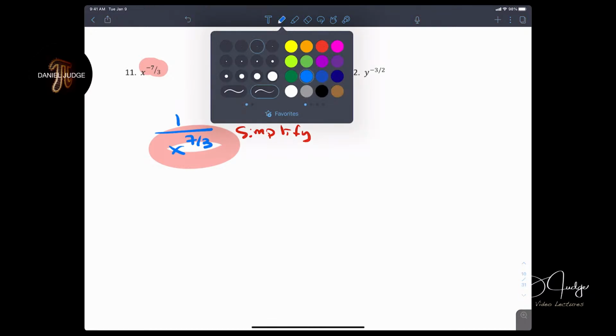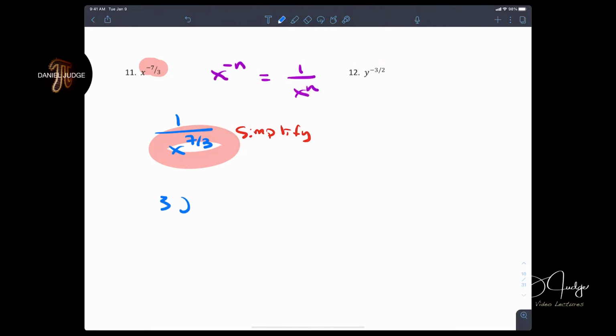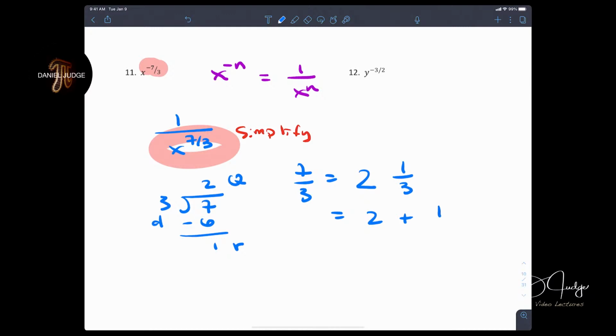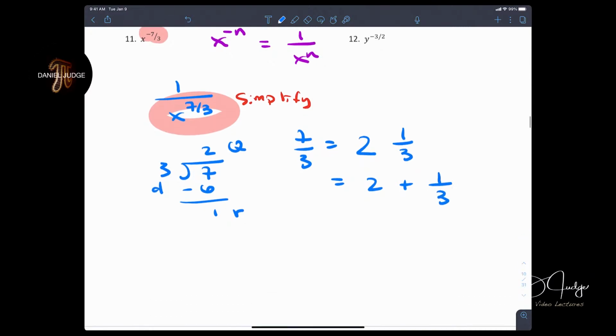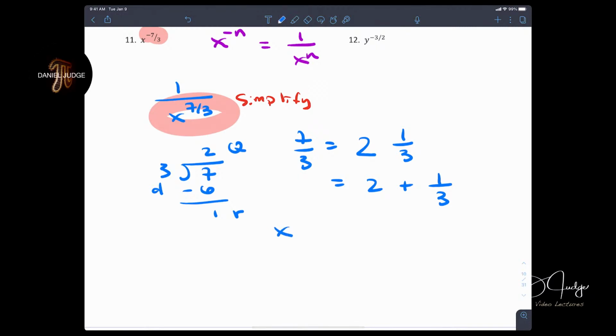So you go through the same process. 3 goes into 7 twice. 2 times 3 is 6. Subtract, you have a remainder. Quotient, remainder, divisor. 7/3 is 2 and 1/3, which is 2 plus 1/3. So x to the 7/3 is x to the 2 plus 1/3.